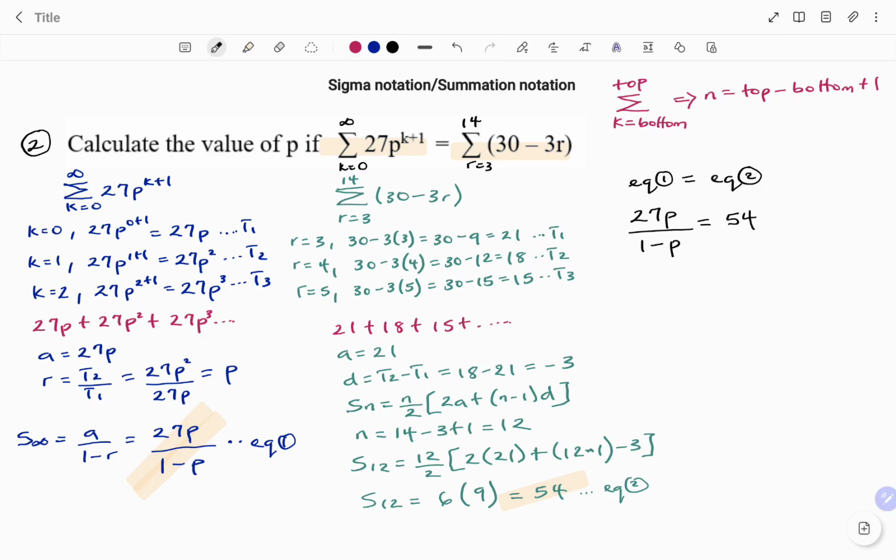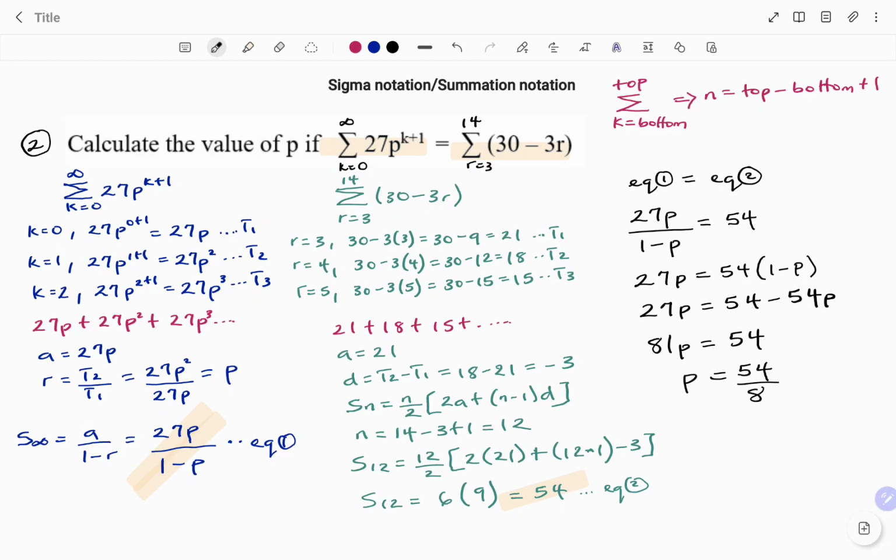That's our right-hand side. Cross multiplying, we have 27p equals 54 multiplying 1 minus p. We have 27p equals 54 minus 54p. Collecting like terms, we have 81p equals 54, and if we divide both sides by 81 to get p, we have p equals 54 over 81, and if you reduce to the lowest form, our p equals 2 over 3.